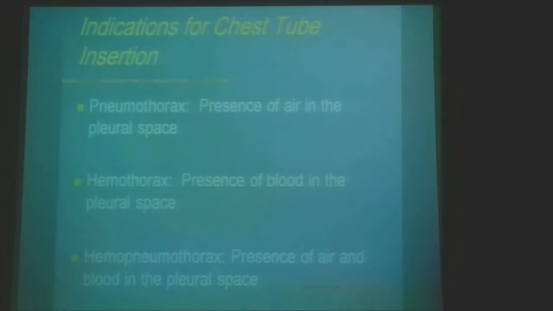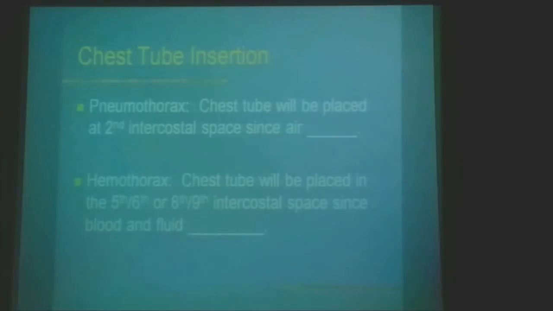Here we talk about it. Pneumothorax, air. Hemothorax, blood. Hemopneumothorax is air and blood. So, what's the lightest? The air or the blood or the fluid? Air, right? And the air will go up, always up.